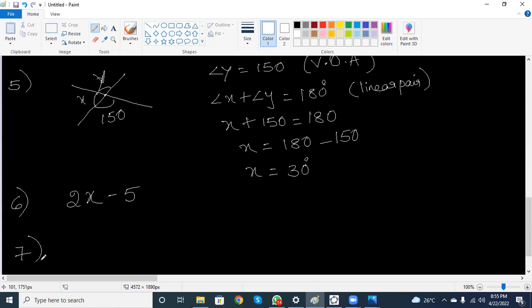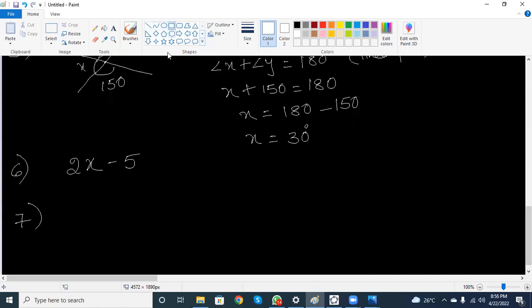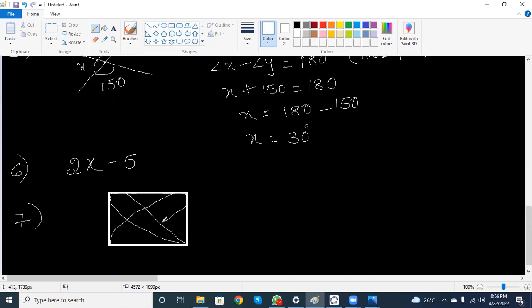Very easy. Seventh question. Draw the lines of symmetry. So a rectangle is given here, and this is what they have given. We need to draw lines of symmetry. First of all, we can do a horizontal symmetry, then vertical symmetry.